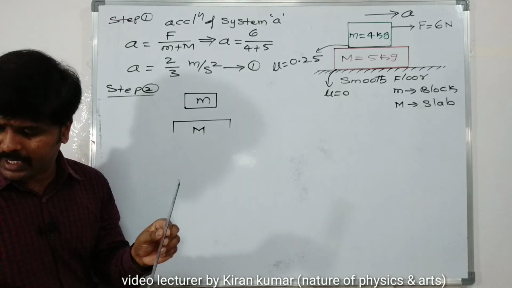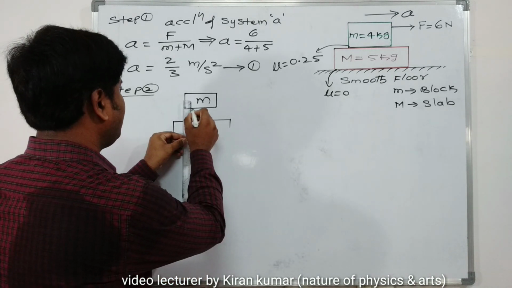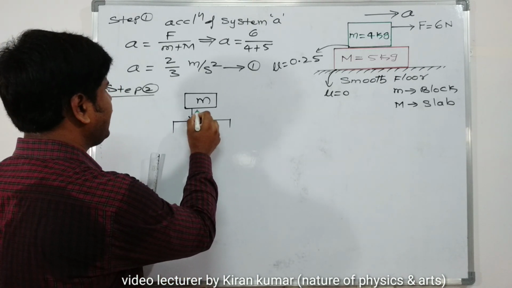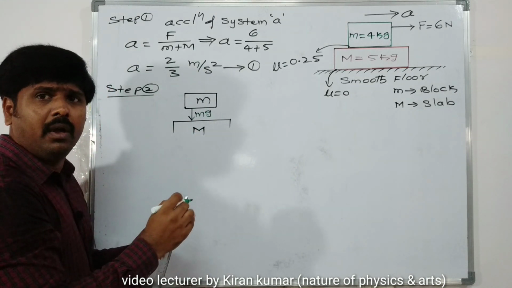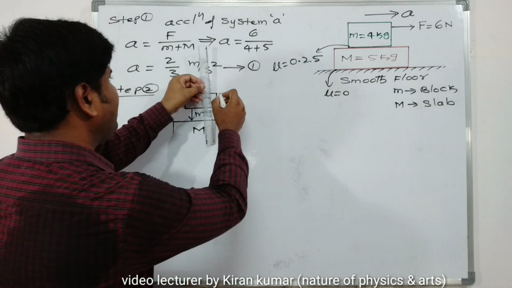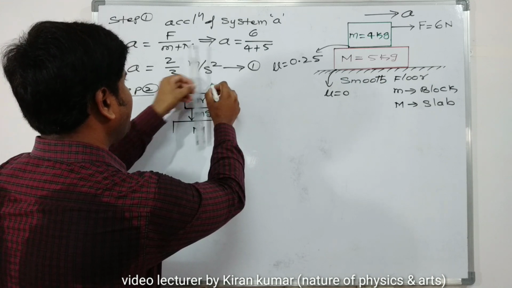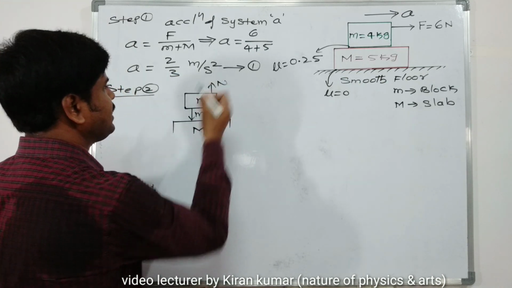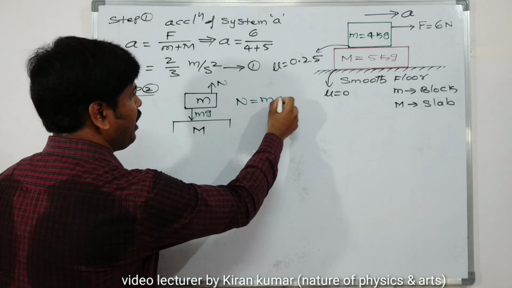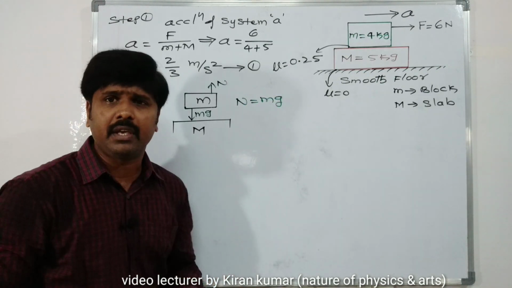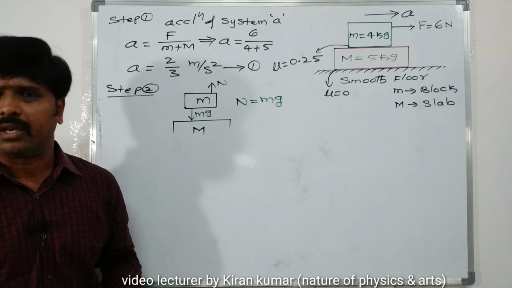In the downward direction mg is acting, and also the normal reaction is acting upward on this body. So here N is equal to mg.